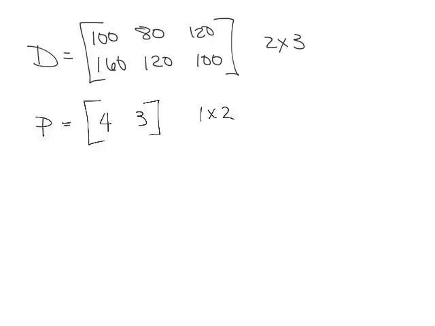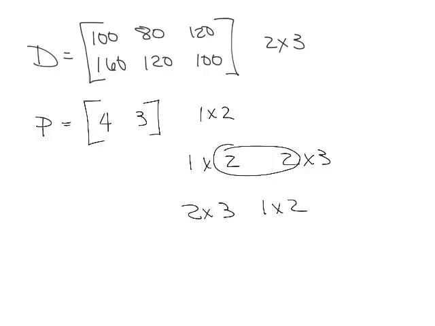Okay, so this is important here. If I write this as 1 by 2 and as a 2 by 3, I can multiply them. But if I switched them around, I cannot multiply them. So multiplication with matrices is not what is called commutative.